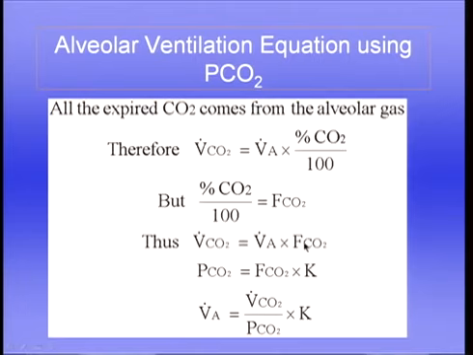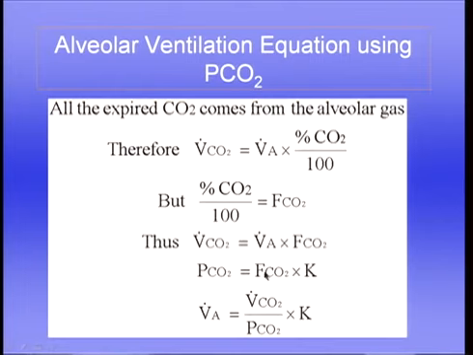Now it turns out, and here I have to go ahead a bit because we haven't covered this yet, we're going to cover it in the next lecture, you'll have to just take it from me for the moment: the partial pressure of CO2 is equal to the fractional concentration times a constant.